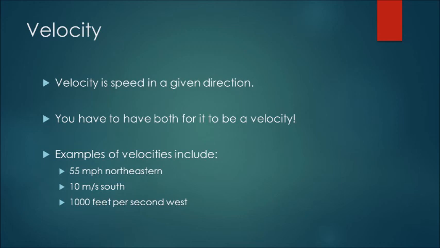It's more specific. Some examples of velocities include 55 miles per hour northeast, 10 meters per second south, and 1,000 feet per second west. All of those are speeds with a direction added on to them, so those are all velocities.